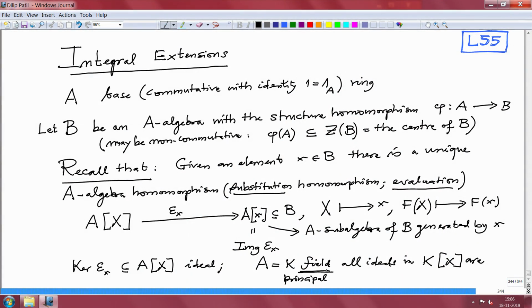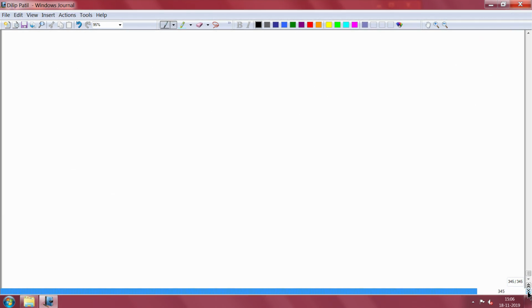But unfortunately we are dealing with an arbitrary commutative ring, so we don't have this privilege at our hand, so we have to deal with that. So now let me define.